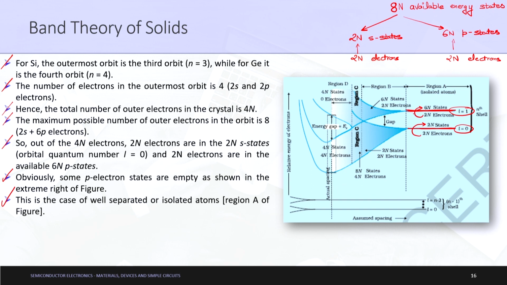As you can see, there is no continuous band here, only a single line is drawn. So, the electrons are only residing on these discrete lines. Therefore, this is the case of well separated or isolated atoms, as in the atoms are far from each other. That is region A. Let us move to the next point now.